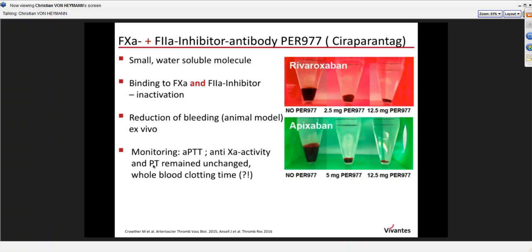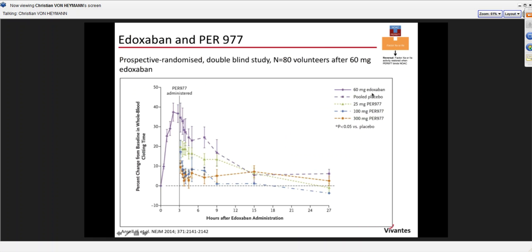Again, those healthy volunteers were started on 60 milligram of edoxaban. That is a therapeutic dose of edoxaban, as in the other trial with the PCC concentrate as well. What you see here is a dose escalation from 25 milligrams to 300 milligrams.